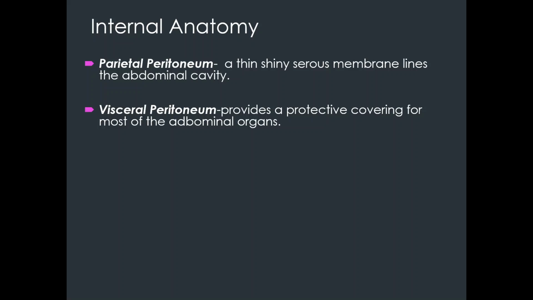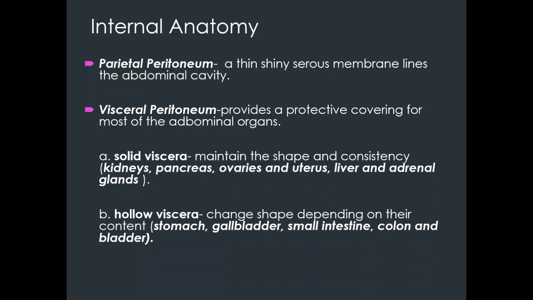Internal anatomy includes the parietal peritoneum, which is a thin, shiny serous membrane which lines the abdominal cavity. When you say visceral peritoneum, it provides a protective covering for most of the abdominal organs. When you say solid viscera, this maintains the shape and consistency.